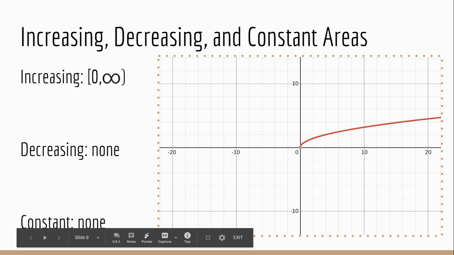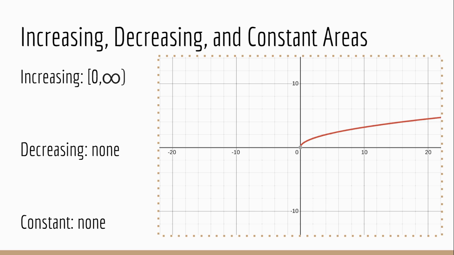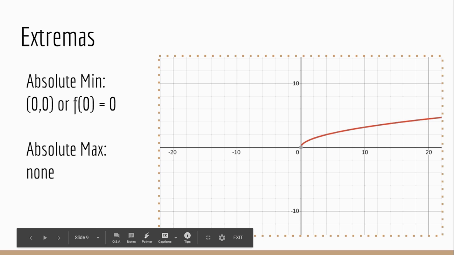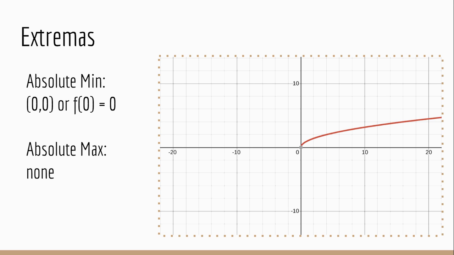It's increasing from 0 to infinity, and there's no decreasing or constant, because it just continues to increase. For the extreme one, the absolute minimum is 0, 0, or x equals 0, and there's no absolute maximum. You can just continue on to infinity.